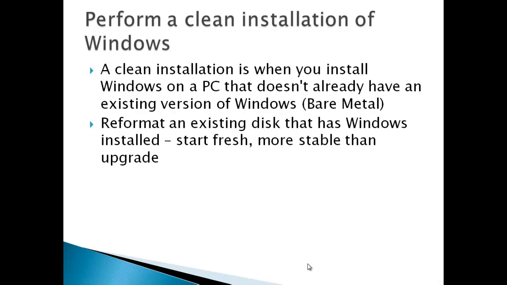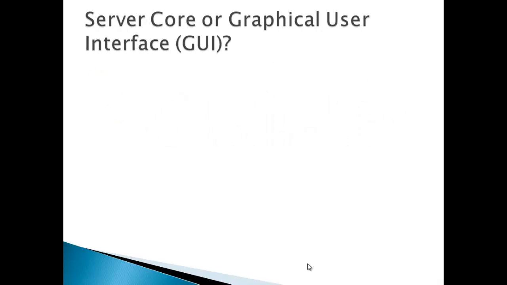Start fresh, more stable than upgrade. If you already have Windows installed, maybe Windows Server 2003 or 2008, and you want to format that hard disk and then install brand new Windows Server 2012, it's again called a start fresh or a clean installation. This is more stable than if you upgrade.